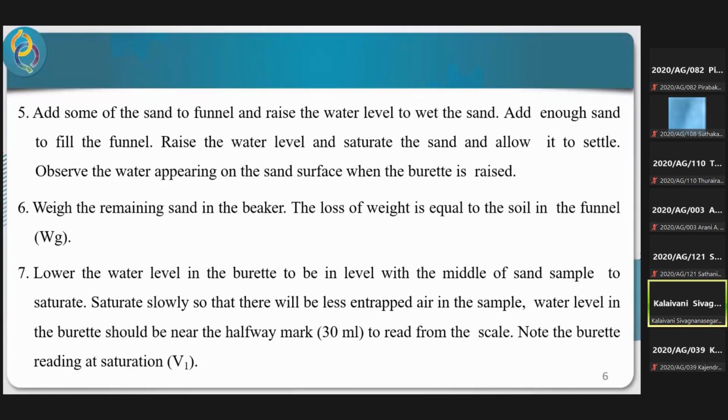After you transfer some amount of soil into the Buchner funnel, you have to measure the remaining sandy soil that is present in that 500 milliliter beaker. That we can call the loss of weight.